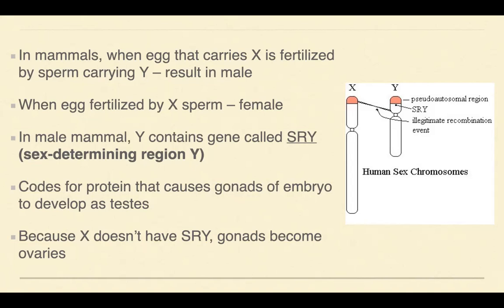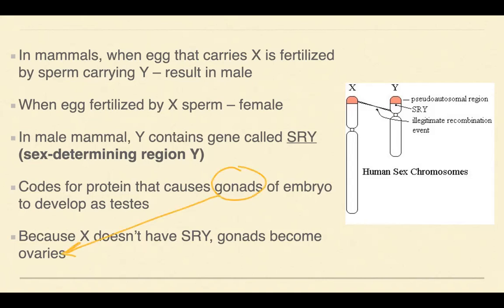So what that means is that for the human species and for all mammals, basically, because this is the same throughout all mammals, the default sex of the offspring is female. So if the Y chromosome is not present, then the SRY gene isn't activated, and so the reproductive organs, the gonads, stay as ovaries.